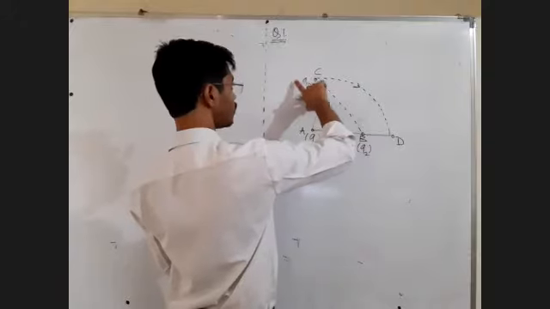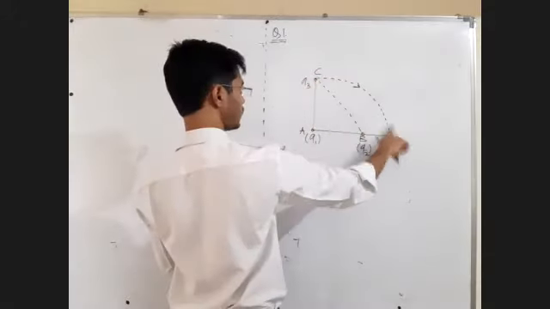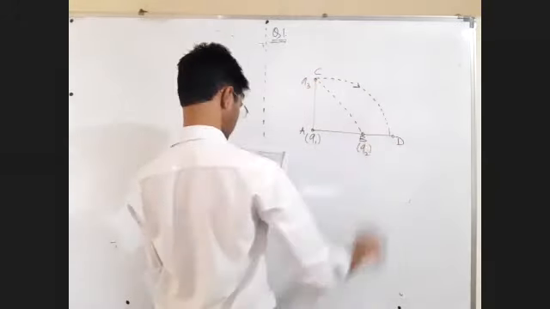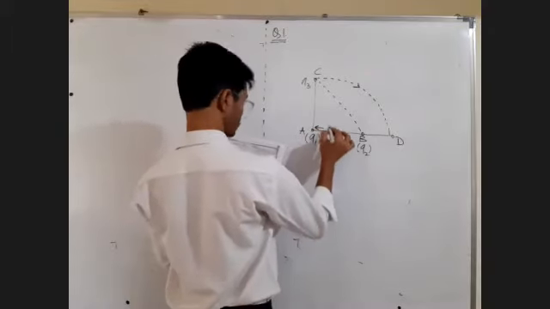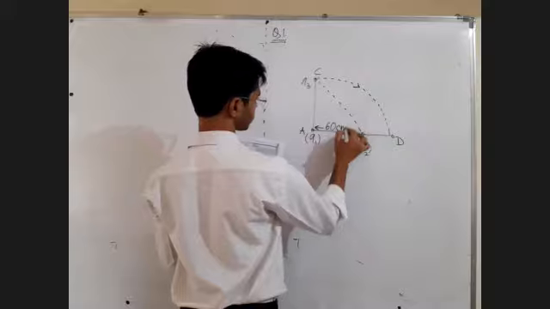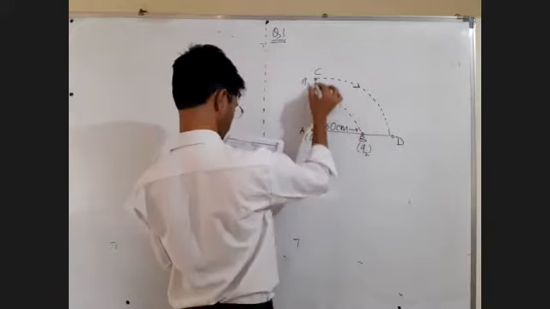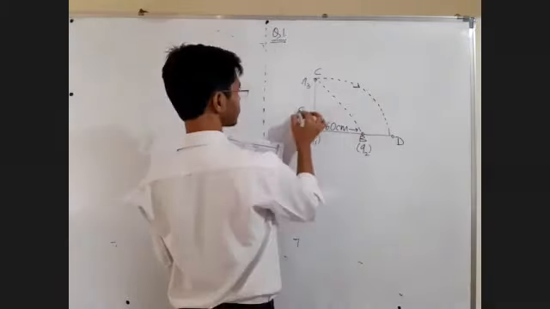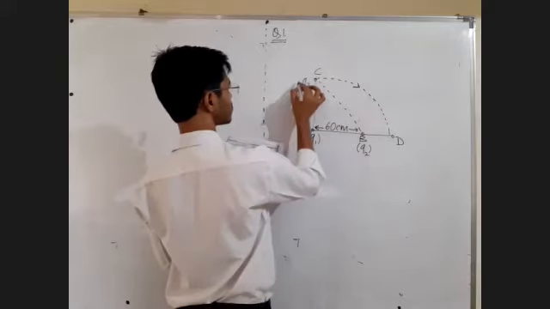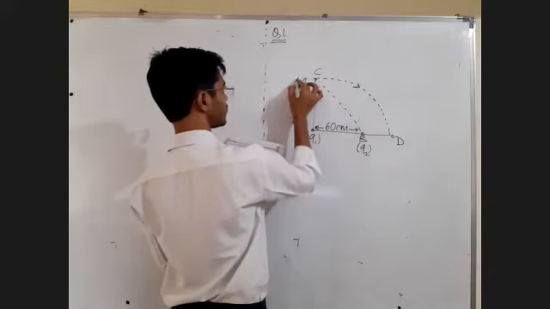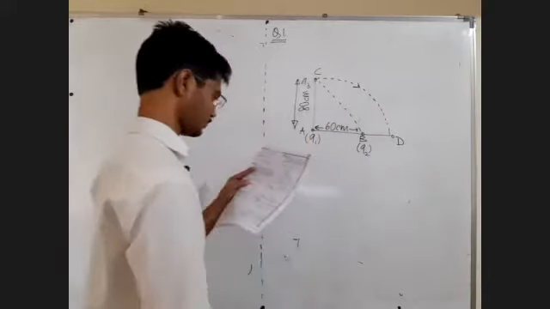Q3 is being moved from point C to point D on the arc of the circle. This distance is 60 centimeter, this distance 80 centimeter, and this distance 80 centimeter.